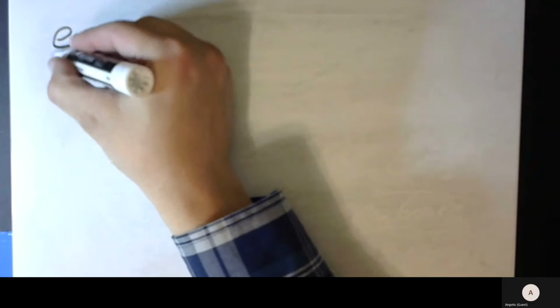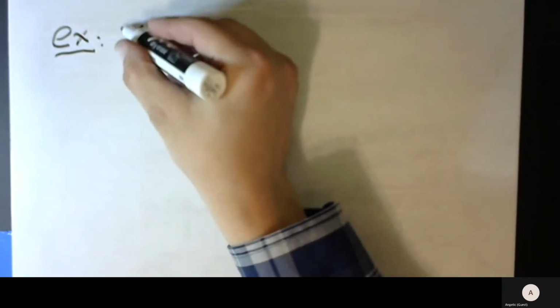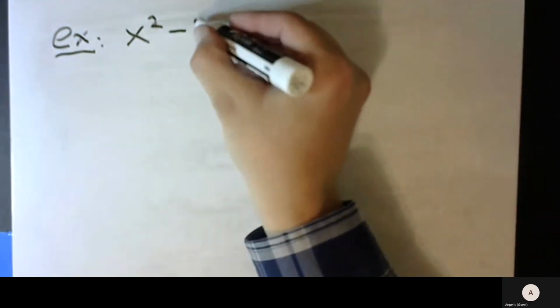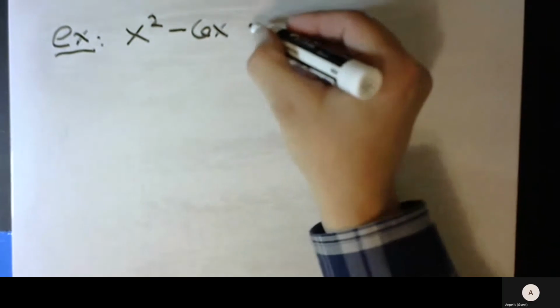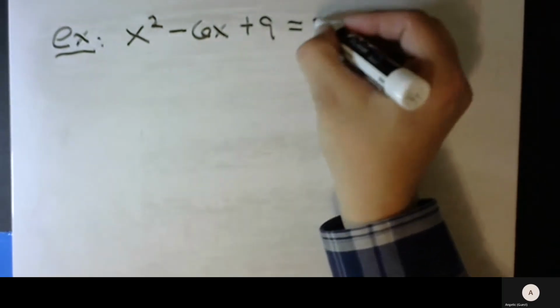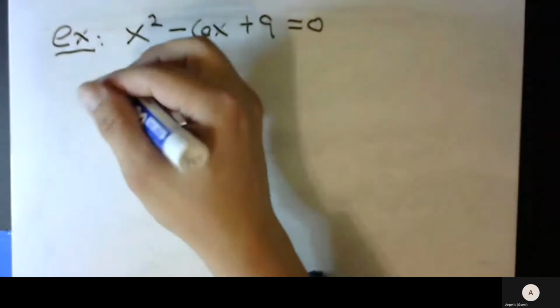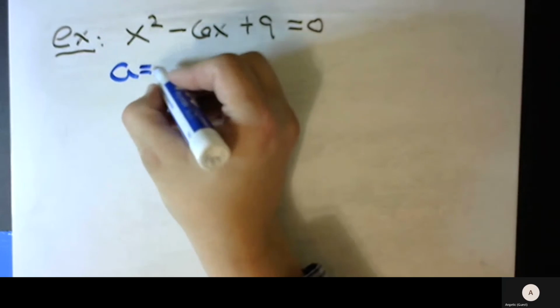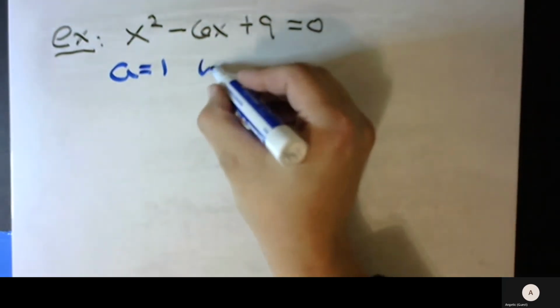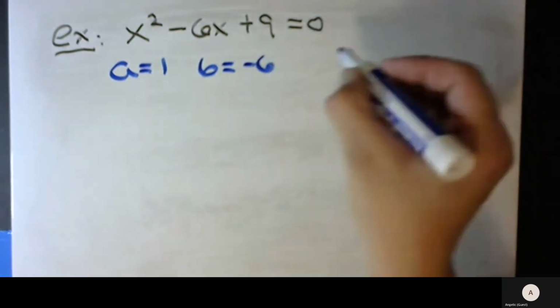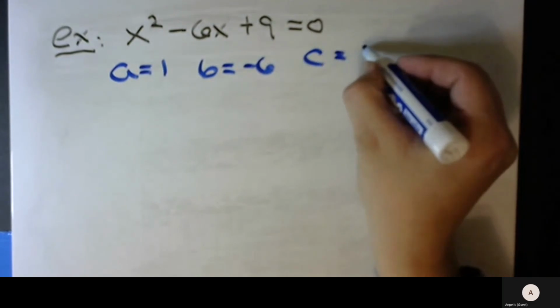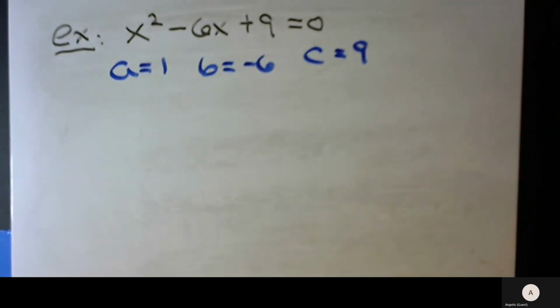So let's say we have something like this. So for this, A is 1, B is -6, and C is 9.